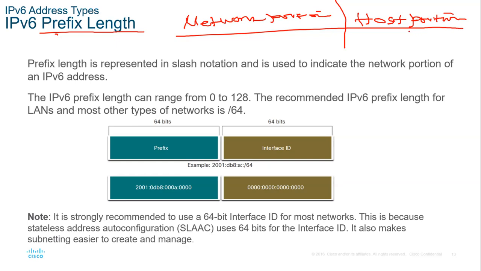So when it comes to IPv6, we have a prefix, and then on this side, it is the interface ID. So with IPv6 still, there must be the network, what you call the prefix, and that prefix remains constant. Then the interface ID is the one that keeps on changing. It means that that space is available for hosts.